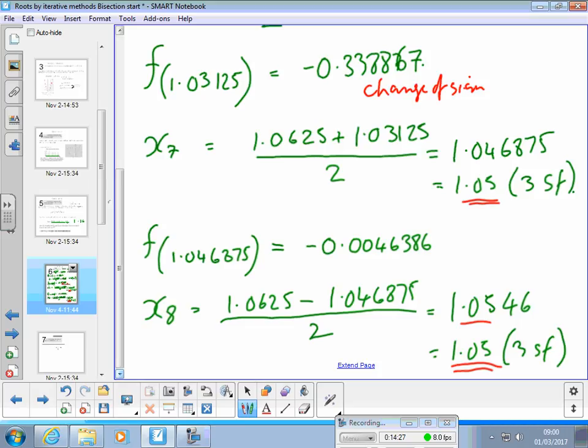Do that when you see a sign change. In the bisection method, you listen, root between, actually look at the middle.